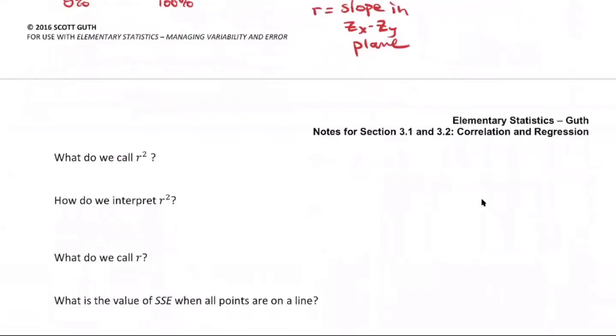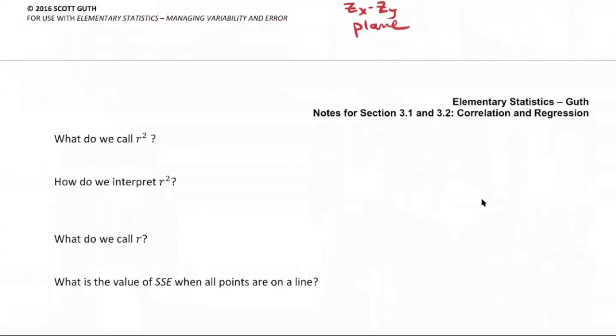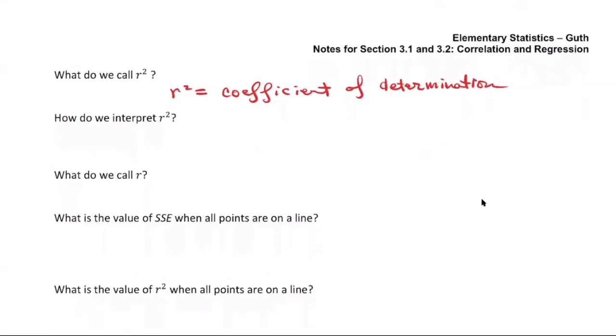And then we've got some names. So r squared is called the coefficient of determination. I don't know who came up with that. It sounds super important. Because it determines how good of an explanatory variable x is for y. It explains how good x is at determining y, or explaining y.